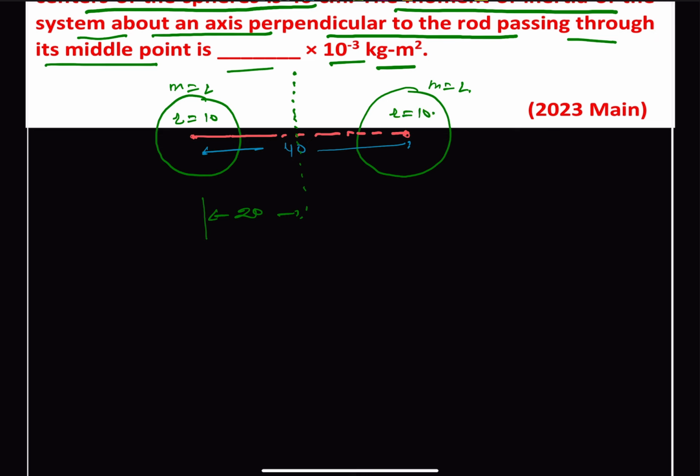Okay. So in this case, first of all, we are going to find the moment of inertia of the spheres with respect to their centers. Suppose this is O and this is O prime, and both spheres are the same, so we are going to consider only one sphere, and we can just double it for the second sphere.